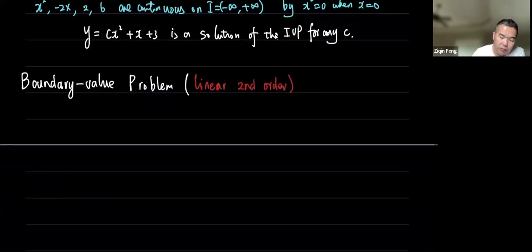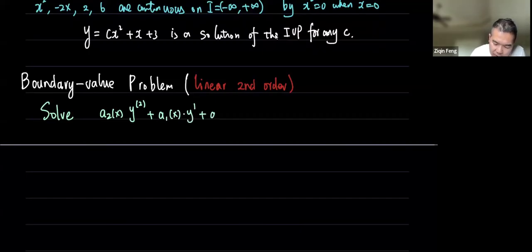So second order, basically you want to solve a2(x) times the second derivative, not first derivative, second derivative, plus a1(x) times y prime, plus a0(x) times y equal to g of x, and also subject to some boundary conditions, right?